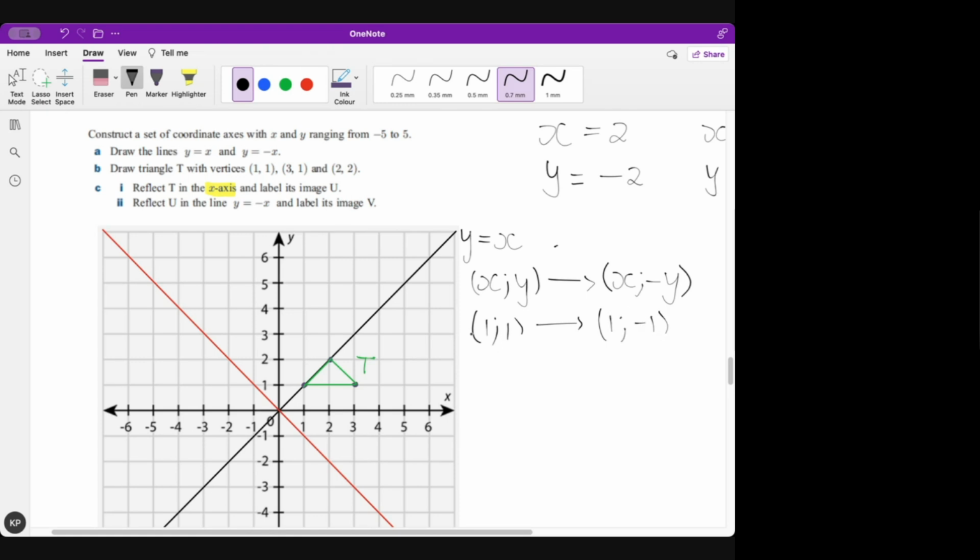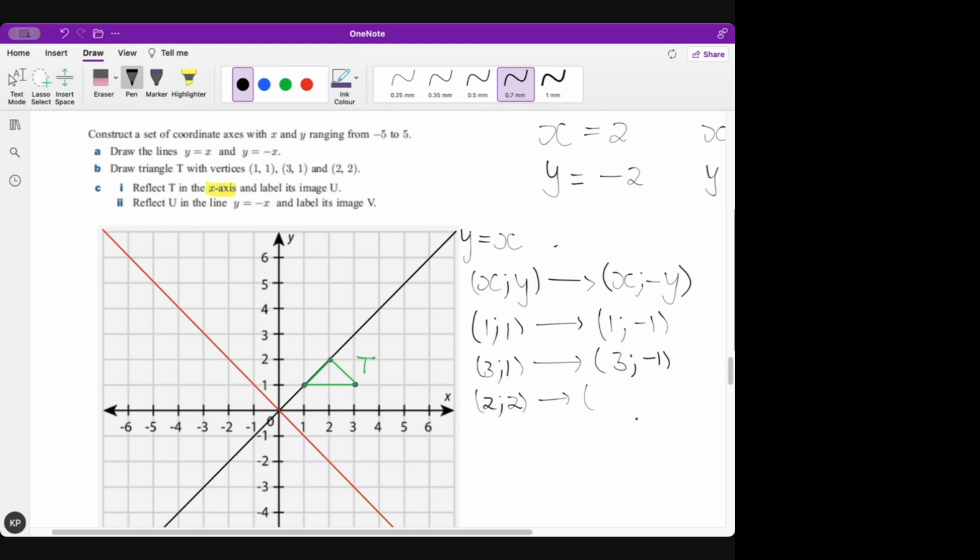And then the next one, we're going from 3, 1 to what? 3 and negative 1. That is true. And my final one, I'm going from 2, 2.